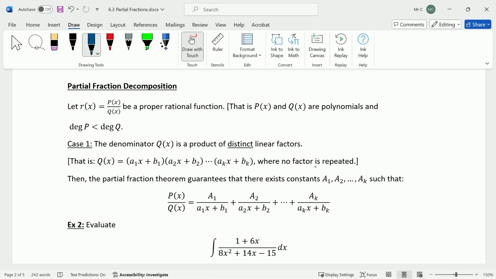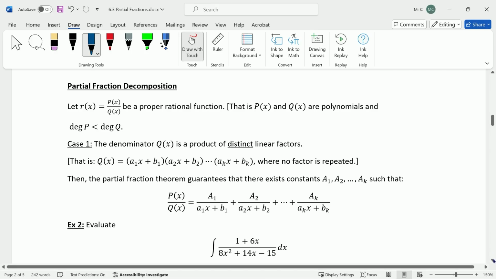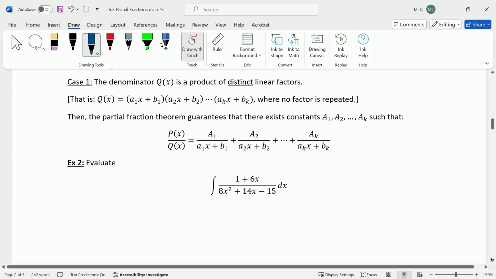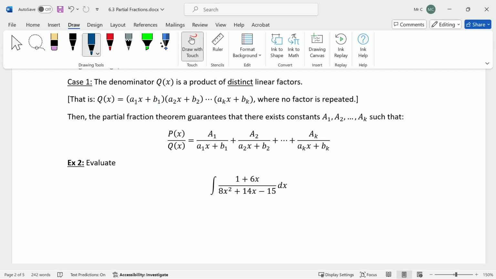And on top of that, for case 1, we look at the denominator being a product of distinct linear factors. So that is, q of x is a linear factor like a constant, a1 times x plus a constant, multiplied by another constant times x plus another constant. So a product of a bunch of linear expressions where none of these factors is repeated. None of these will be the same expression twice.